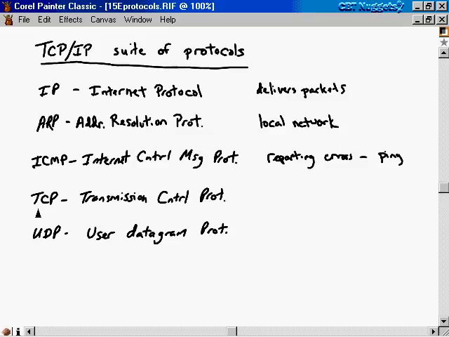And then there's TCP. TCP is the Transmission Control Protocol. TCP ensures delivery. This is what we call a connection-based protocol. There's some sort of handshaking going on. So if I want to deliver to machine X, machine X responds to me and says, yes, I will accept your transmissions, go ahead.